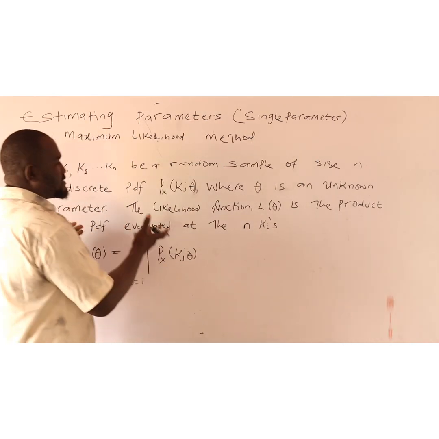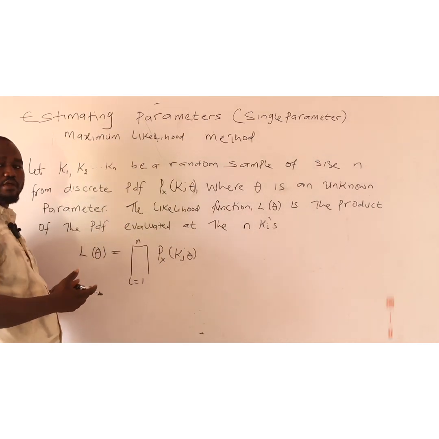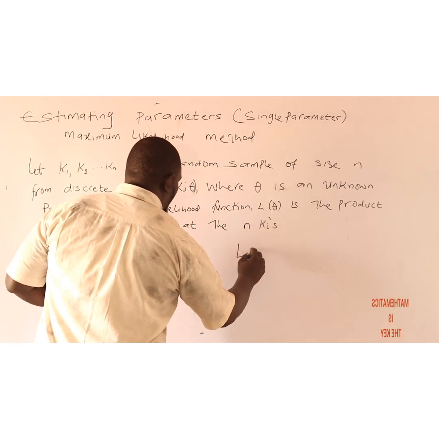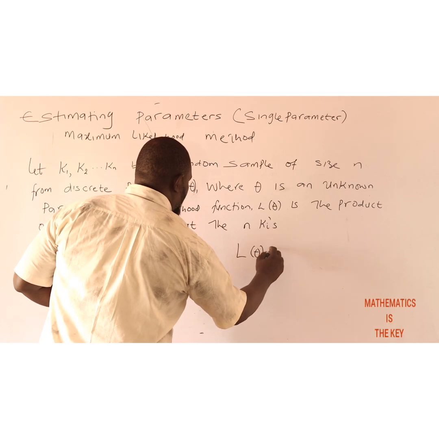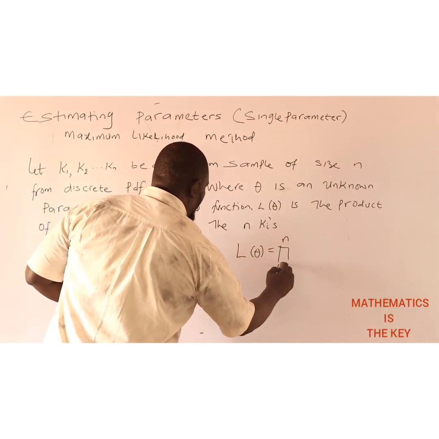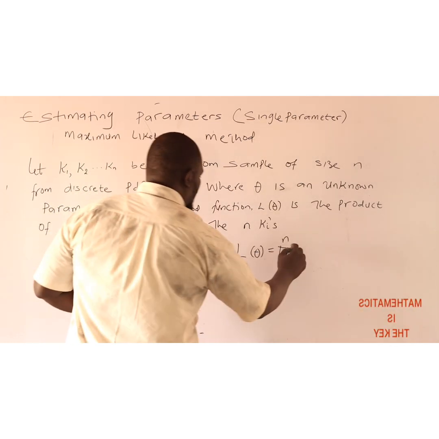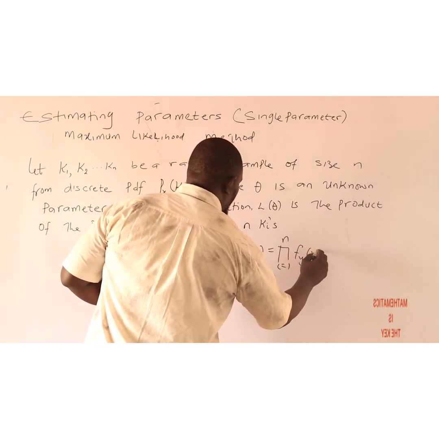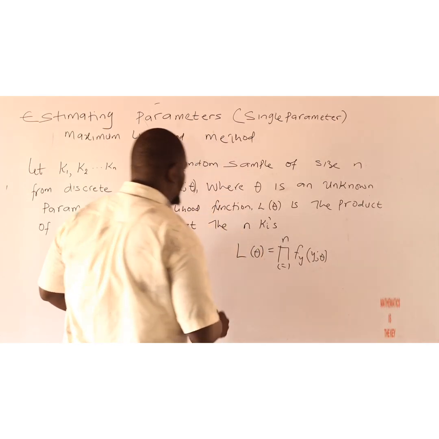And if our sample is from a continuous function, we are going to have our likelihood function as the product from i equals 1 to n of the function f_Y(y; theta).